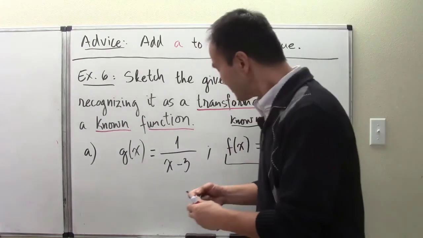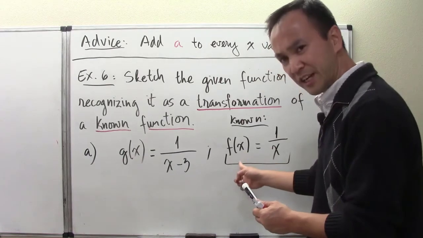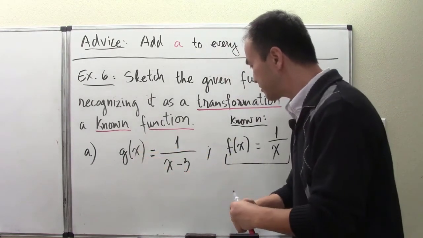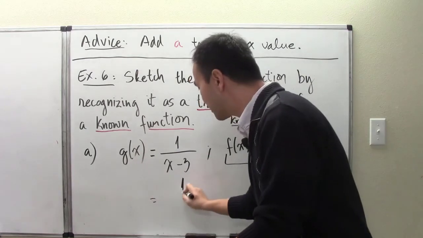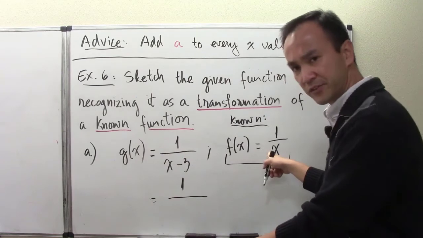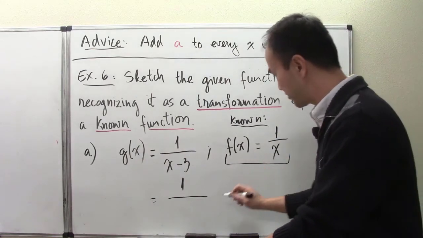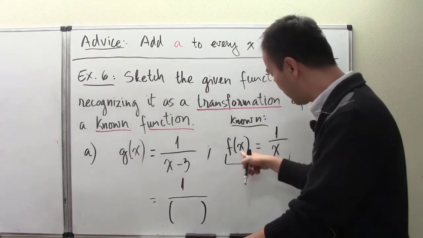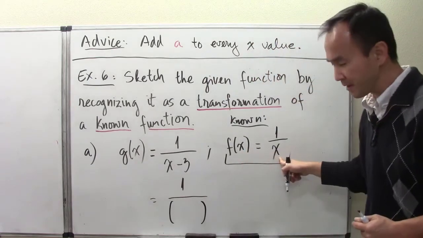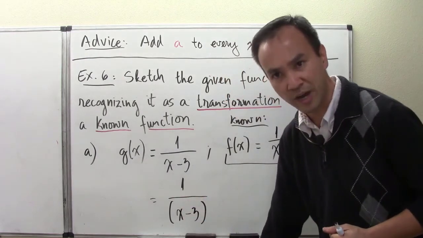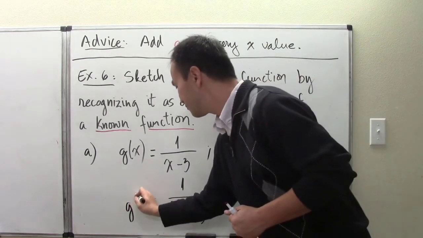So this g of x seems like a 1 over some input, but we put the input x minus 3 instead of the usual x. And now that's g of x.